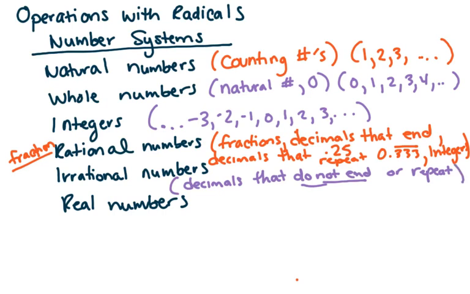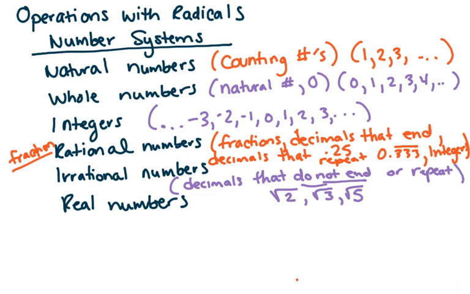That includes square roots that don't simplify to a whole number. So like the square root of 2, the square root of 3, the square root of 5. Those are all irrational numbers. However, the square root of 4 we know is 2, and so that would not be included as an irrational number. That would actually be any of the other numbers above that we talked about.